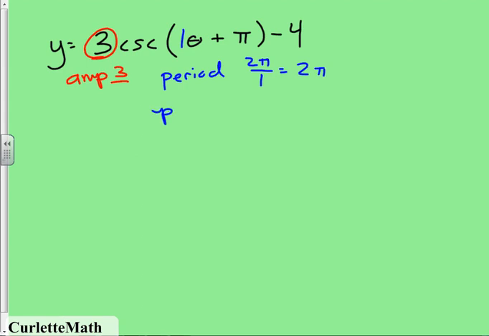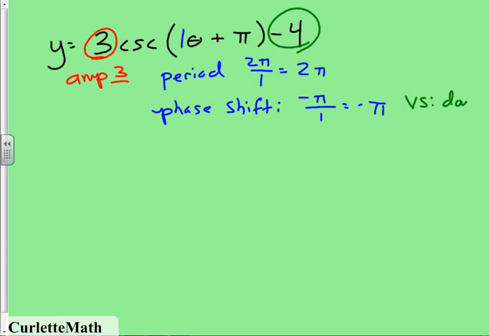Now here I'm going to have a phase change as well. We call it phase shift. I take pi and I take the opposite sign of it, and I divide it by the number in front of theta, which is 1, which gives me negative pi. Now I also have a negative 4 on the outside, which tells me I have a vertical shift of down 4.